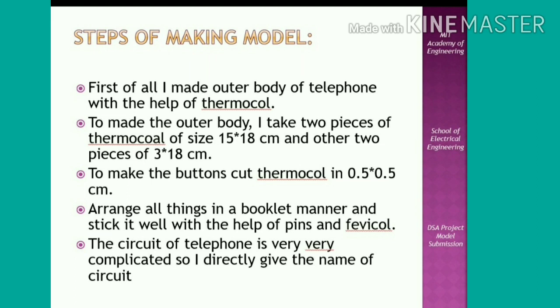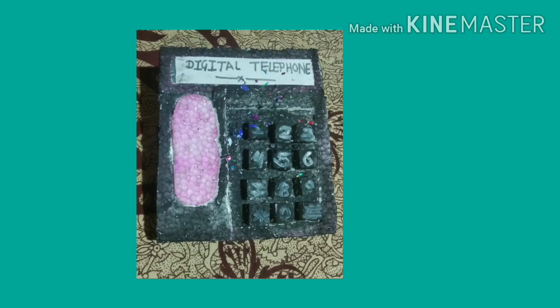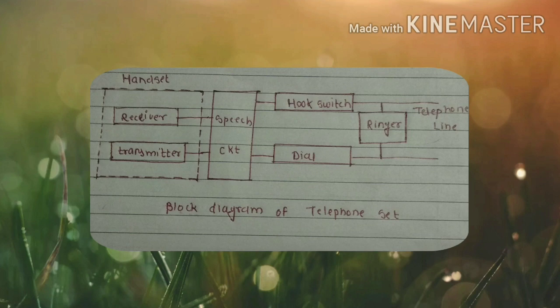To make the outer body, I took two pieces of thermocol of size 15 by 18 centimeter and two other pieces of 3 by 18 centimeter. To make the buttons, I cut thermocol into 0.5 by 0.5 centimeter pieces. Arrange all things in a booklet manner, and the circuit of the telephone is very complicated, so I directly give the name of the circuit to it. Guys, now we move to the block diagram.